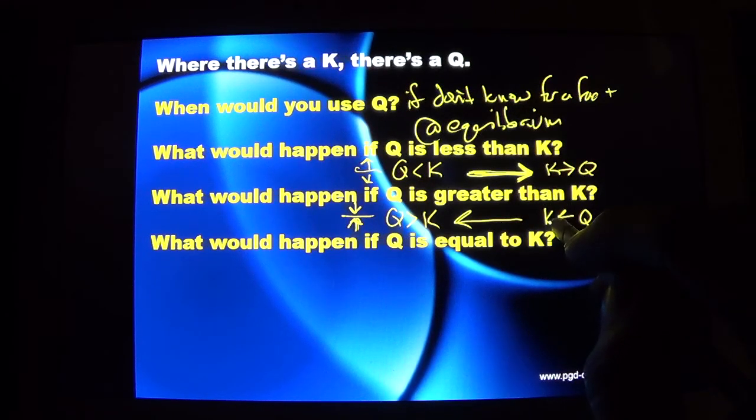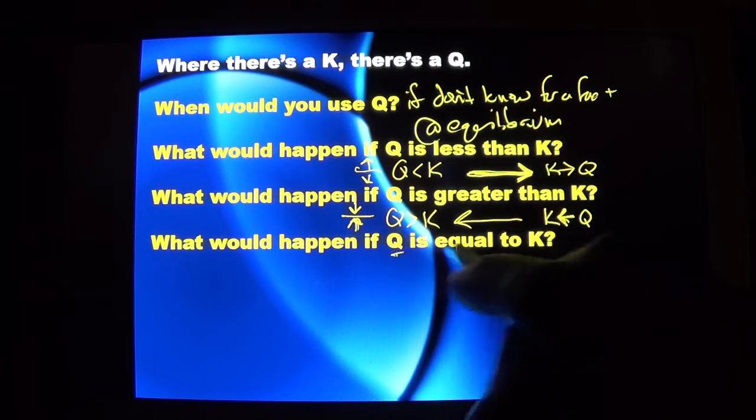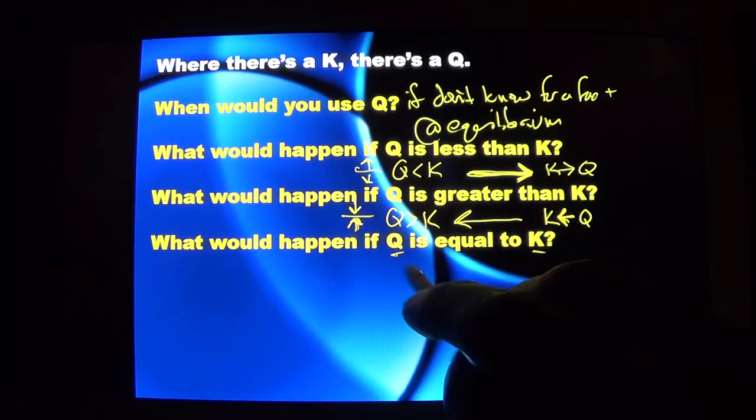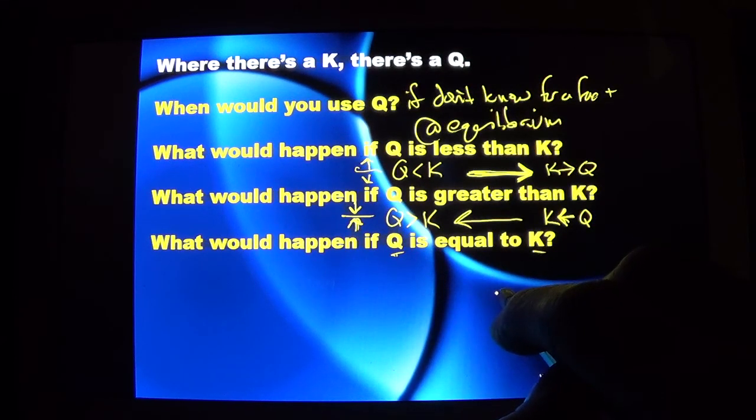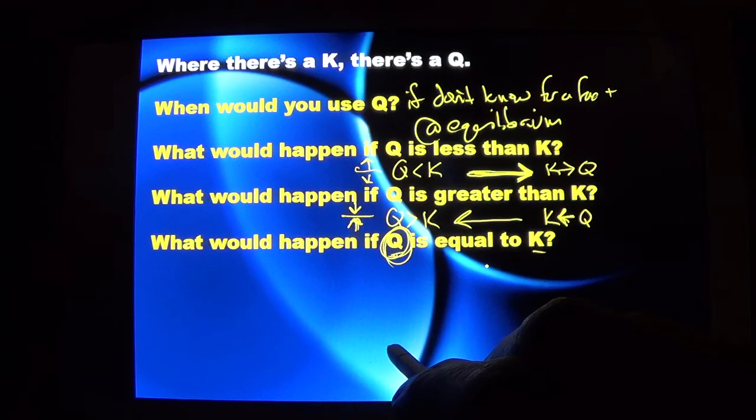Yes, with K on the left, K is less than Q, our reaction will shift to the left. And what happens if Q is equal to K? You know that is, yes, you are at equilibrium. So if they don't state for a fact that you are at equilibrium in the question, you might want to find a Q first to see if you are or are not at equilibrium.